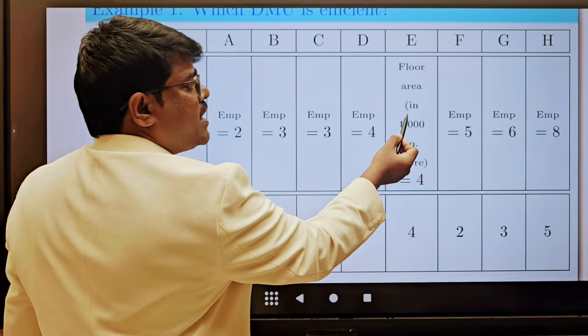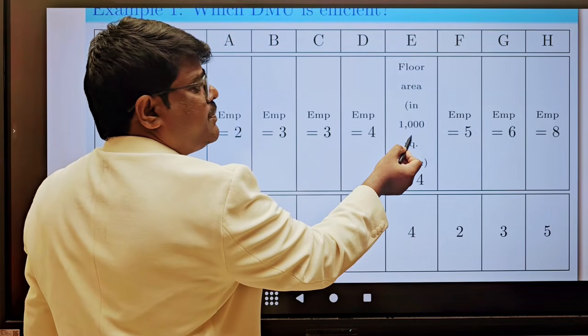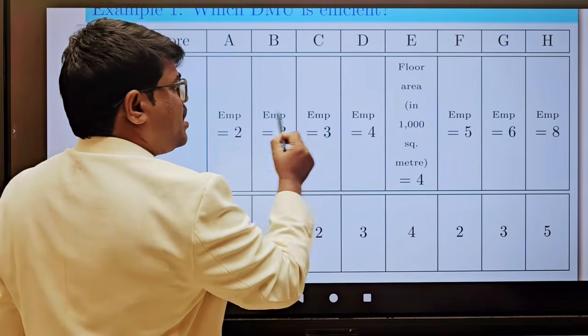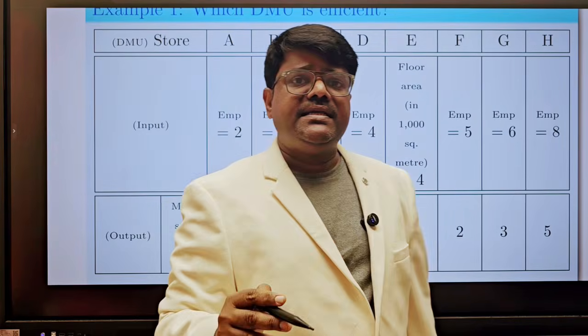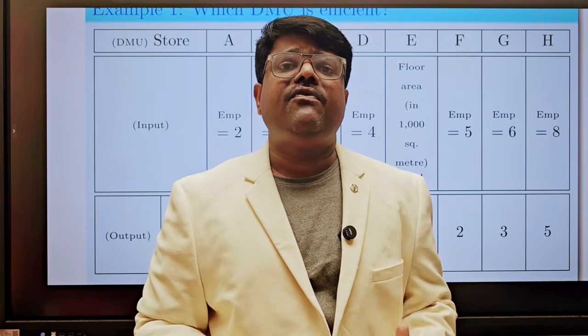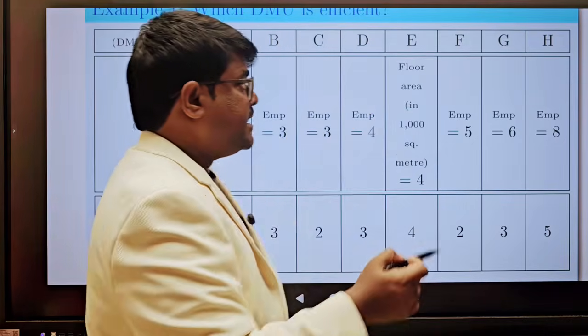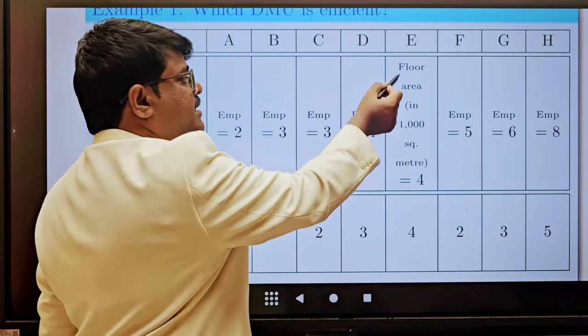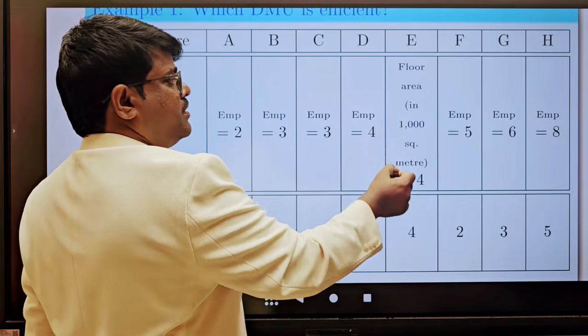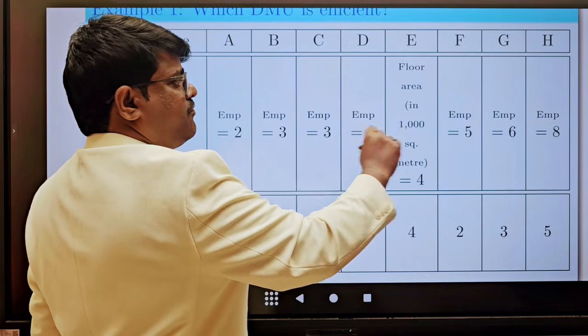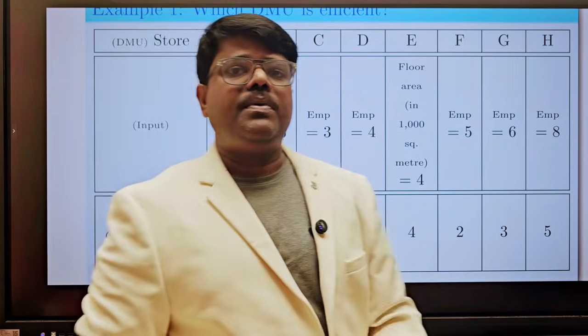Assume that here is also employee with some number 7 or 6, all in employees, all in currency. Cross flexibility is there, you can apply the efficiency formula. But in this case, floor area is there, so if one is not uniform, one is missing the uniformity, then you cannot apply the formula.